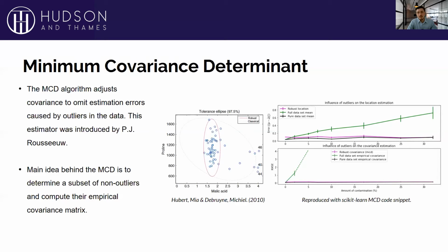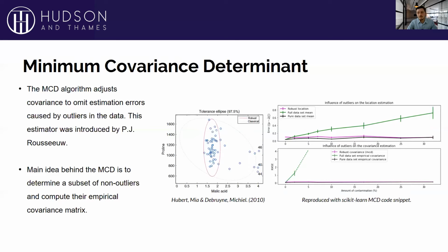Later, we adjust this covariance to decrease in the size of our set. This can be seen on the first graph on the slide, where we can see a slight difference when using the classical covariance estimator and the robust covariance estimator, in this example being a minimum covariance determinant.